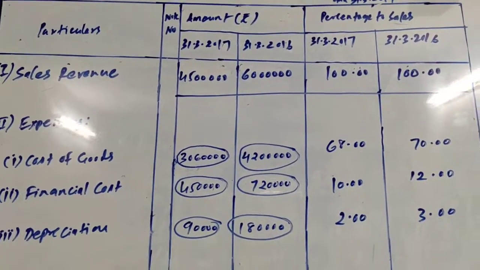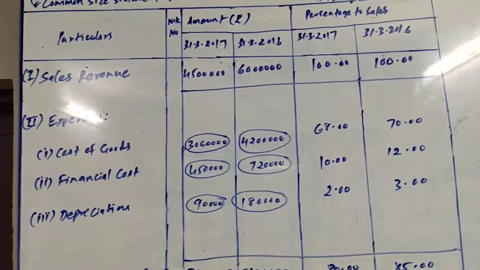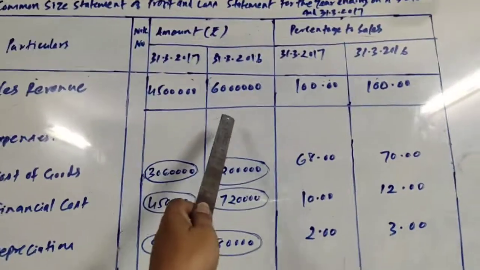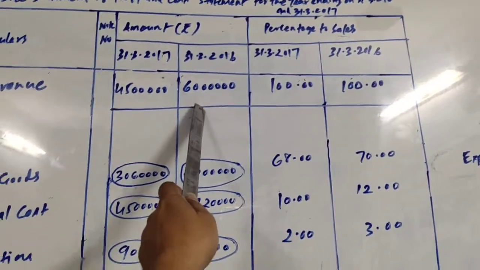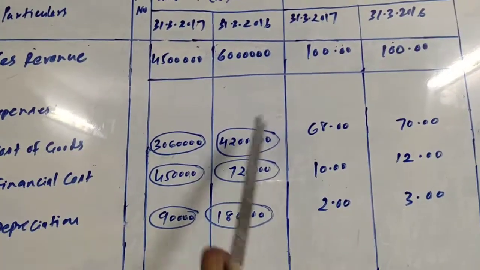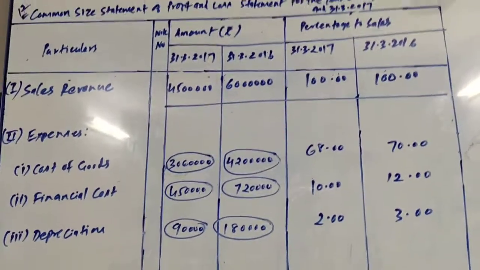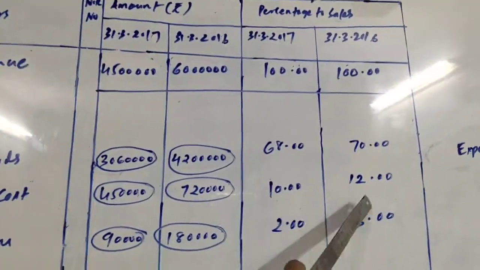The same way, when we find the cost of goods for 2016, it is given that 60 lakh is the sales and the percentage is 70. So 60 lakhs into 70 upon 100, we get 42 lakhs. So it is very simple to find. Now let us talk about financial cost. It is given as 10% and 12%.